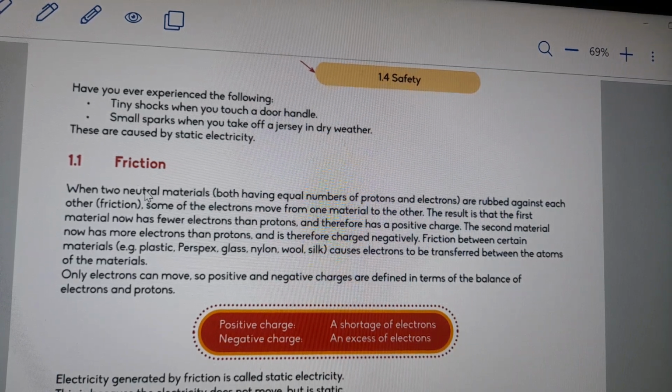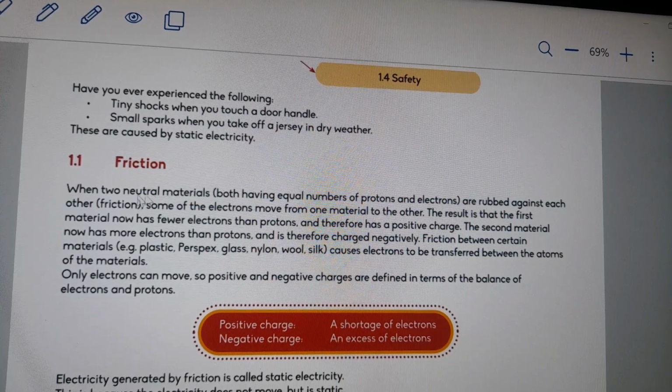For example, there will be 2 electrons and 2 protons, therefore there is no difference, and the object will be neutral. It can be 16 electrons, 16 protons, and the object will be neutral. As long as there are equal numbers of protons and electrons, the object is neutral.